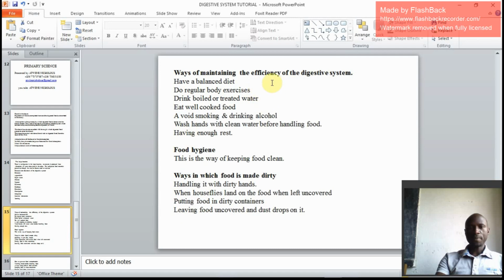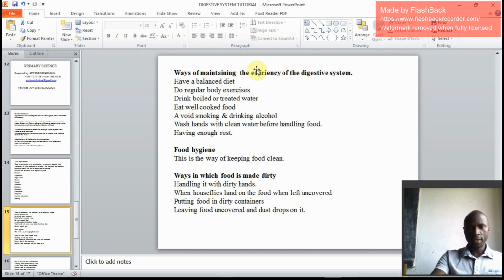How can we maintain the efficiency? How can we make our system work efficiently? We need to feed on a balanced diet. Actually, feeding on a balanced diet and doing regular physical exercises cross-cuts almost all systems.